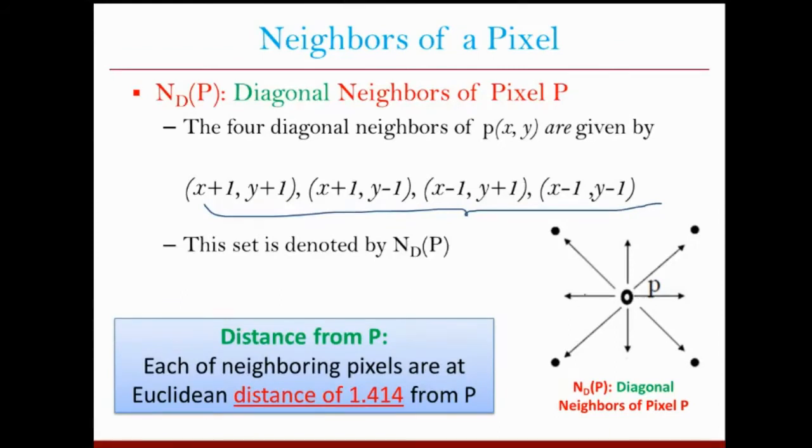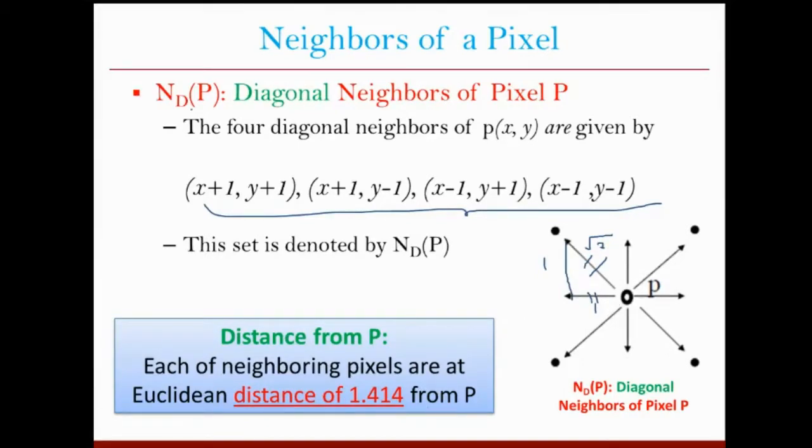And if you compute the distance of the central pixel to these pixels, you will find that it will be 1.414, or root 2, because you will have a right angle triangle like this, and this is one distance, this is one distance, so you will see that this will be root 2. And similarly for other neighbors, and root 2 is equal to 1.414.